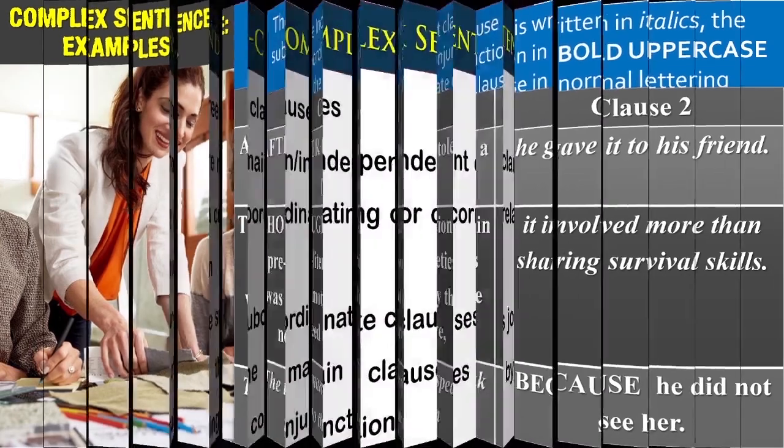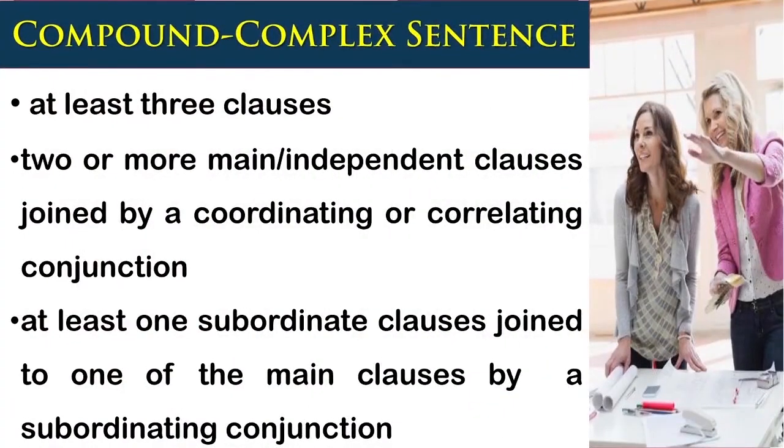Let's look at the compound complex sentence. A compound complex sentence is a combination of a compound sentence and a complex sentence. Don't forget, a compound sentence comprises two or more clauses, while a complex sentence comprises one main clause and at least one dependent clause.